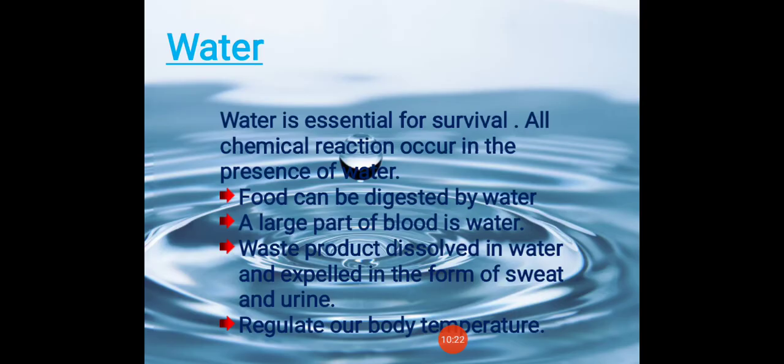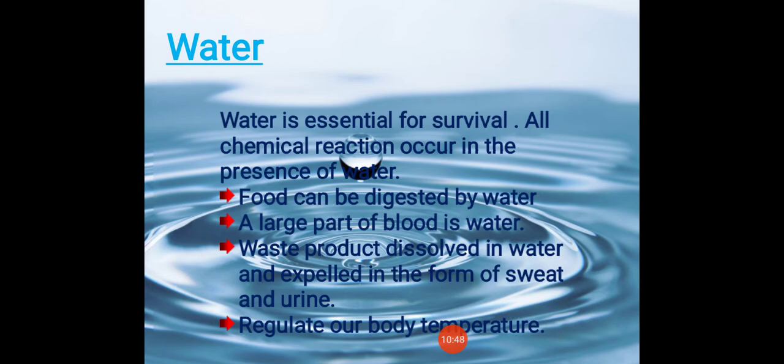With these we have completed all the major nutrients. So now we'll see water, which is essential for our body. Though water is not food, it is essential for our survival. All chemical reactions in our body occur in the presence of water.